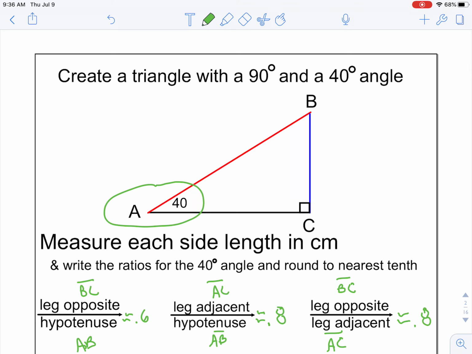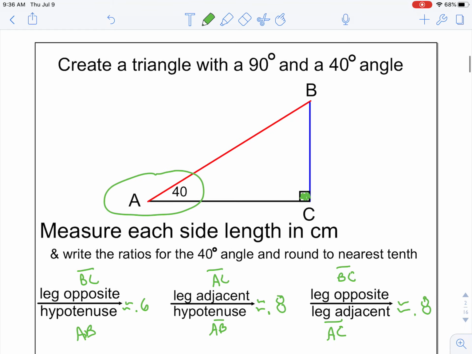So if you create a triangle with a 90-degree angle and a 40-degree angle, and then you measure each side and write ratios, you will actually discover that every right triangle with a 40-degree angle, when you measure the leg that's opposite that angle and you divide it by the hypotenuse, and of course the hypotenuse is always directly across from the right angle, so that doesn't change, that measurement will always be the exact same ratio.